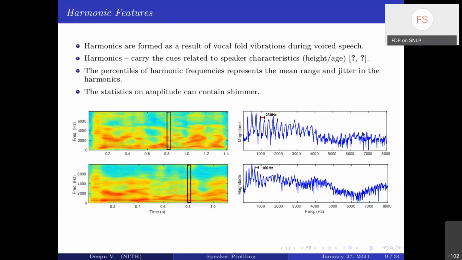So around this region, there will be the last formant. Here it is more visible. There is a formant here, a formant here, a formant here, a formant here. The first formant is around 500 or 600 hertz. Okay, so that's a formant.